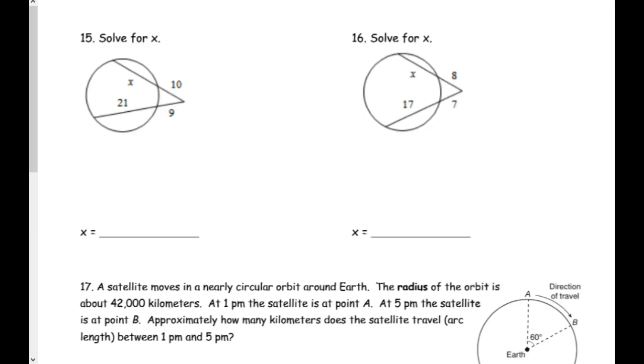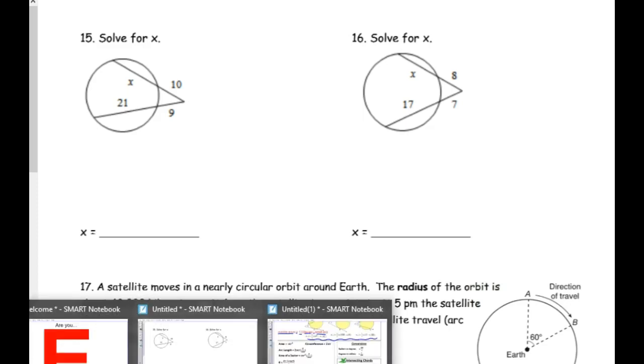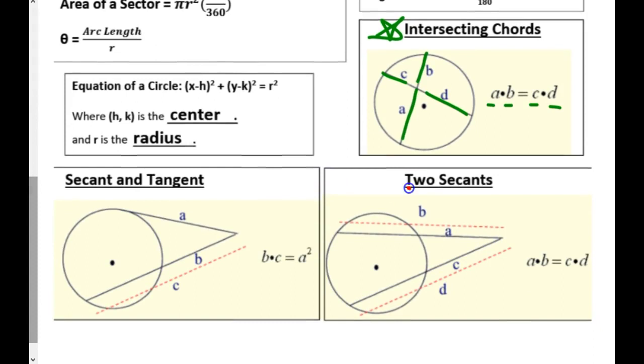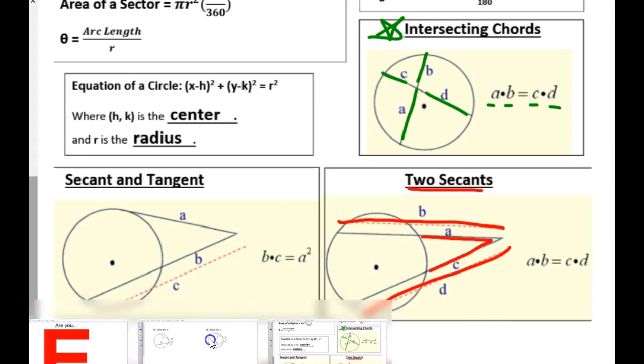So on this one, I look at my formula chart, and that's where I have two secants. And remember, it's outside times the whole thing equals outside times the whole thing. Let's do that.